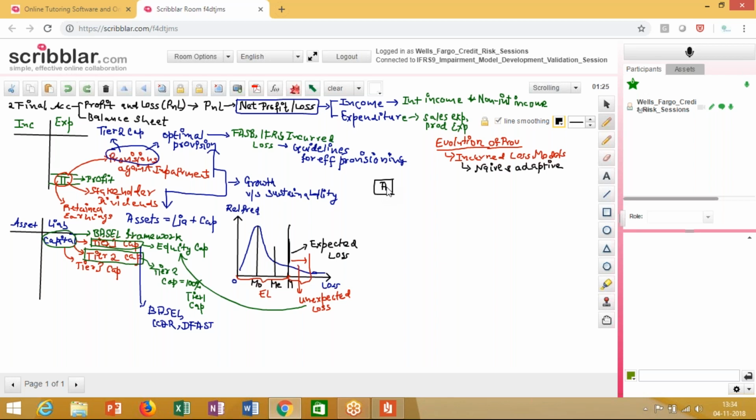Borrower A is given the loan, right? Now borrower A starts repayment.